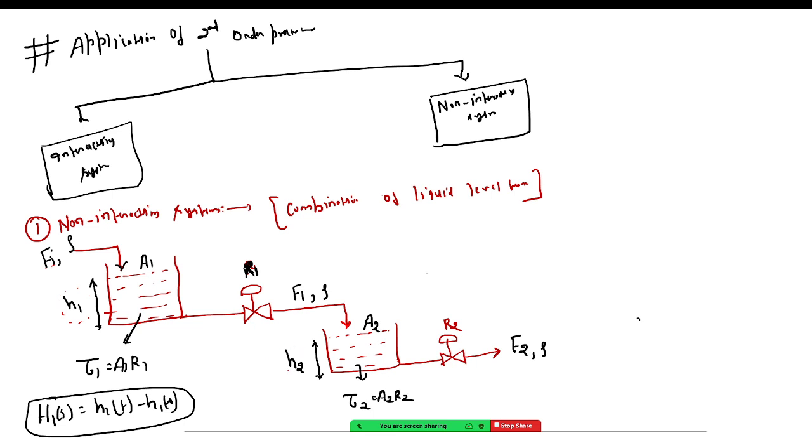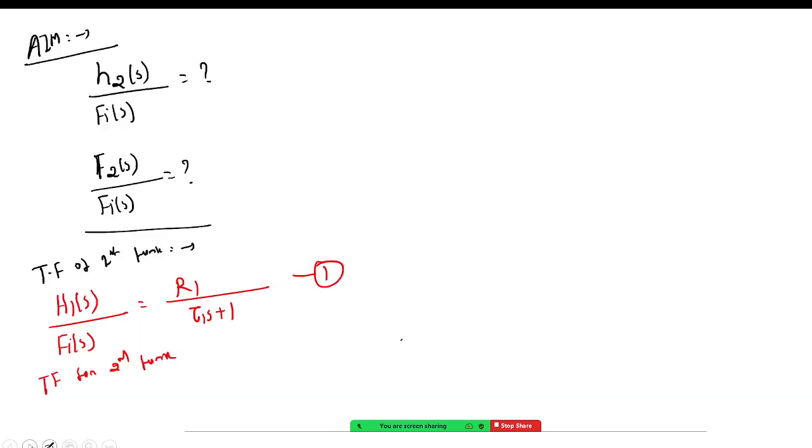Since H2 is not a function of H1, it is called a non-interacting system, right? Is it clear? The meaning is that the output of the second tank, that is our H2, is not a function of the output of our first tank, that is your input, then it is called a non-interacting system. You can say it in this way.